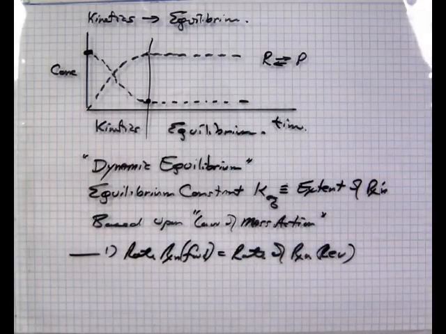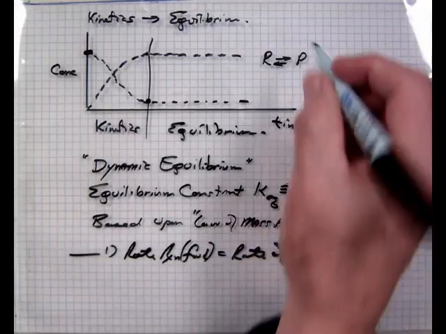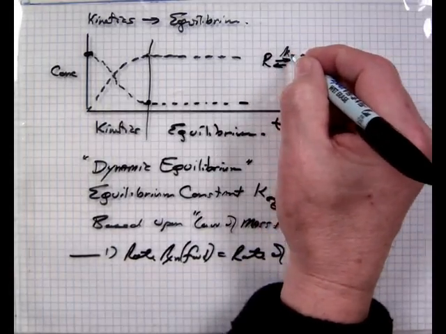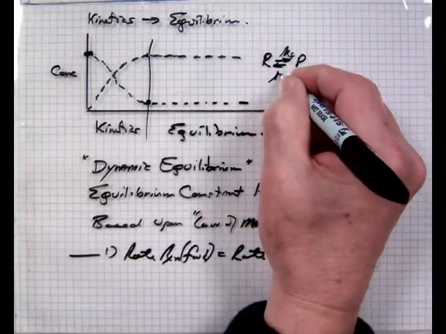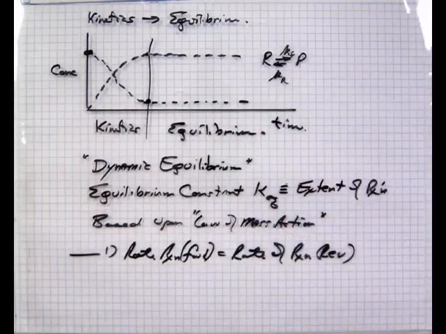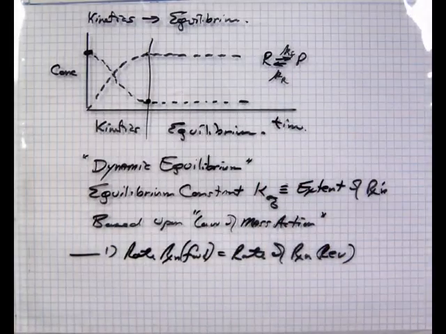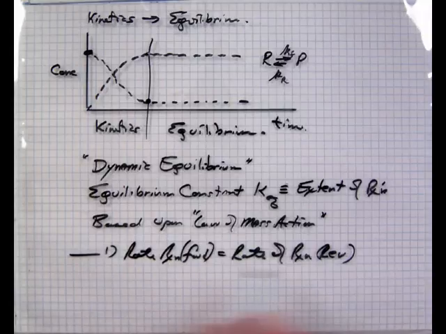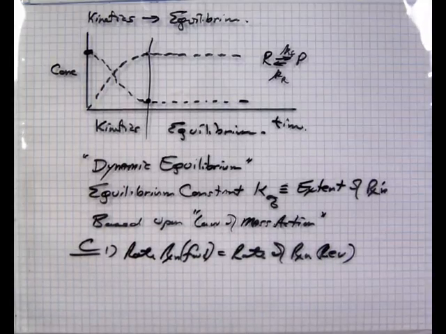A rate forward equals a rate in reverse. Typically a rate constant, say forward, or a rate constant in reverse is attached to the given equations that indicates that both processes are taking place. The answer, of course, is C for this one. I hope everybody understands that idea.